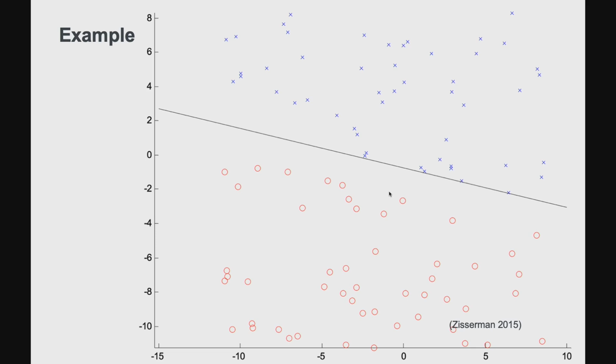What could be a reason that we don't want to stop here? Right. So I just try to repeat what you said. These crosses are super close to this discriminatory line. And why is this a problem?